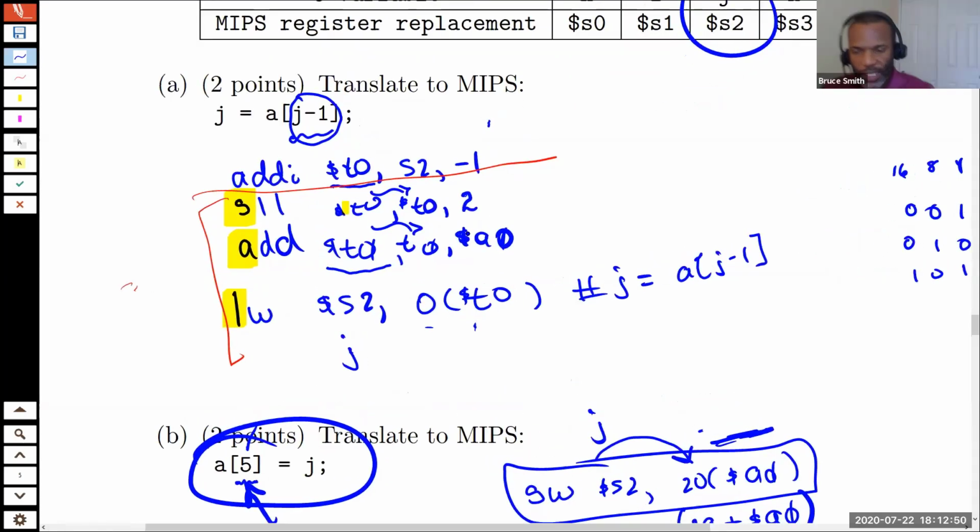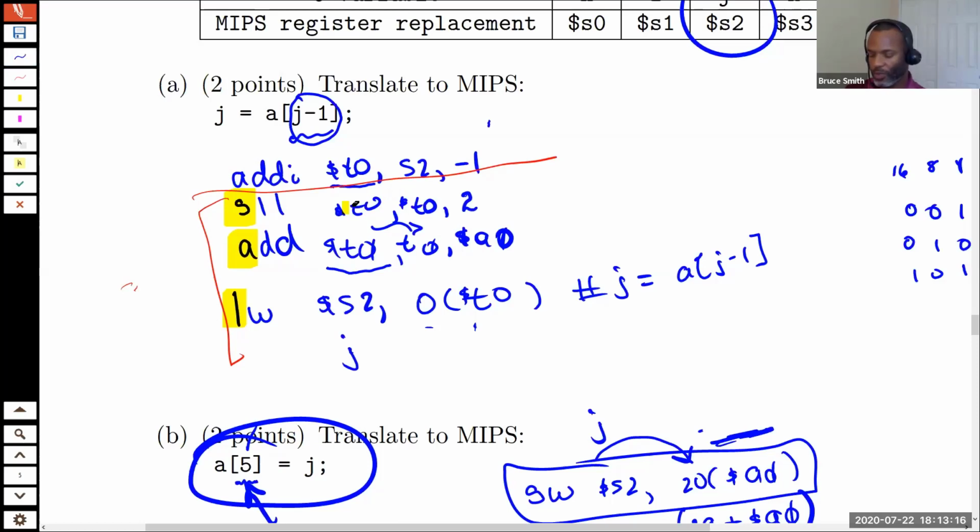Unless your index is a constant value, right? Because then I can just say 5 times 4 is 20. I don't have to shift it left. If it's not a constant, if it's an index, if it's a variable, you're always going to have to do a shifting or multiply by 4.